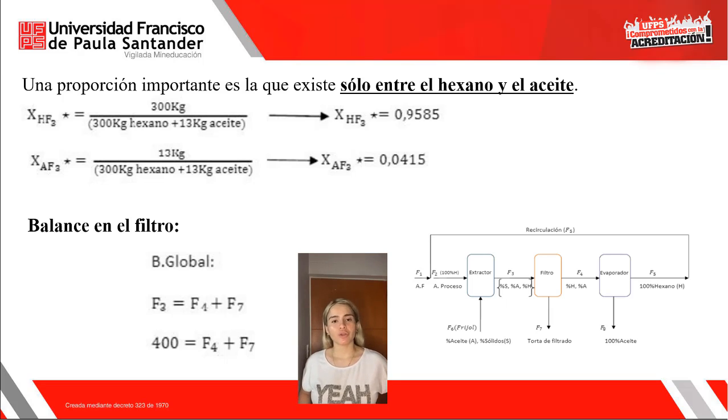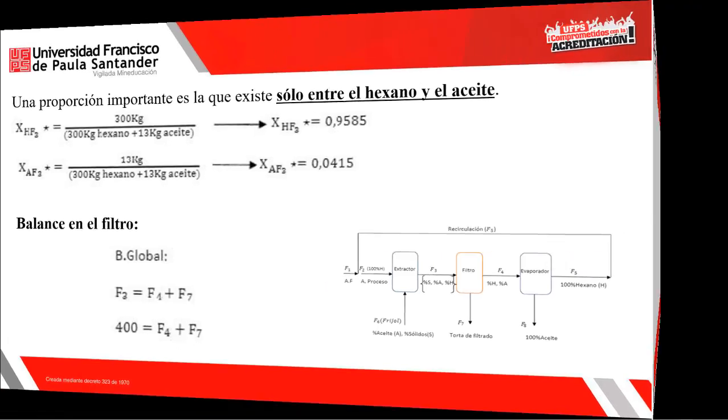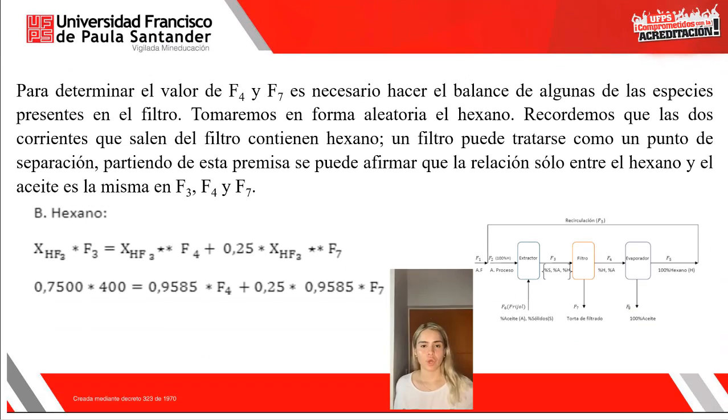Then we do the filter balance, where we have 2 unknowns. To determine the value of F4 and F7, it is necessary to do the balance of some of the species present in the filter. We will take the hexane. Remember that the 2 streams that come out of the filter contain hexane.